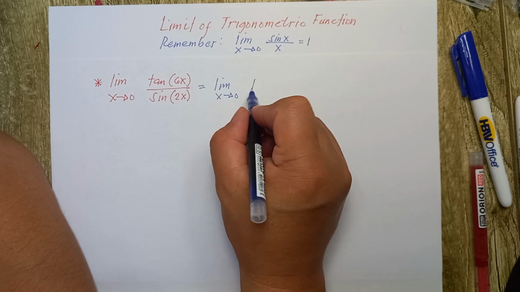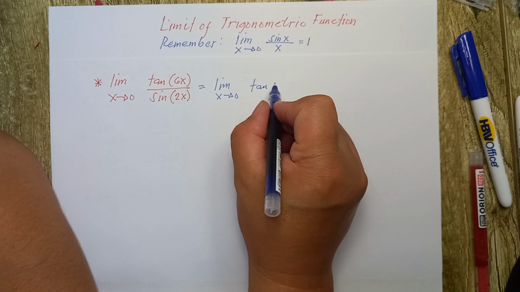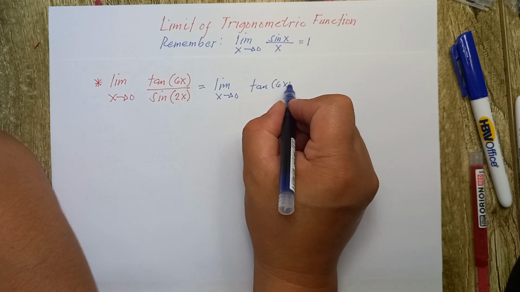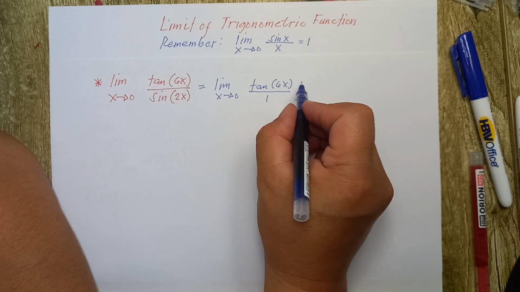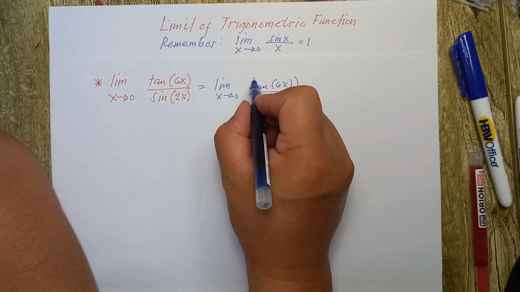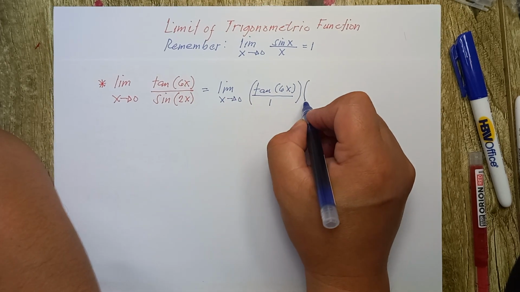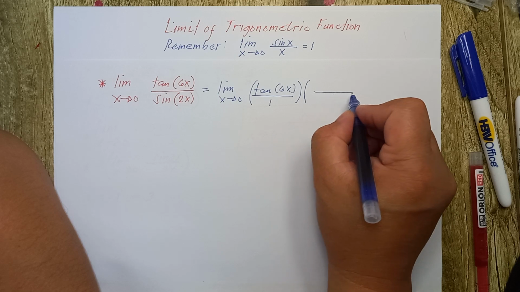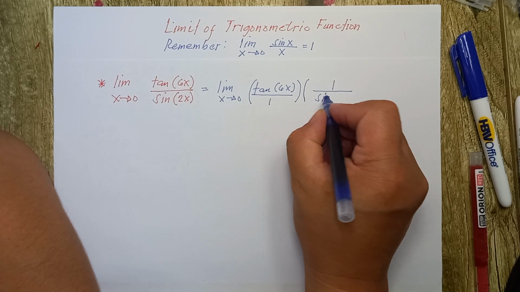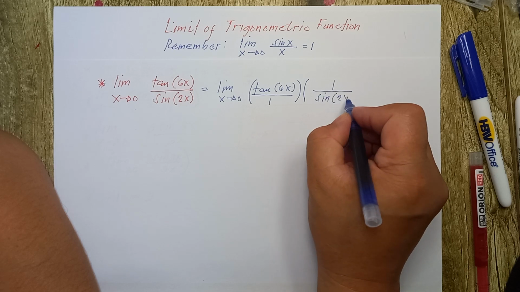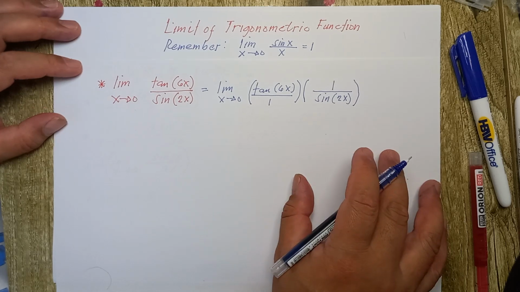So that is the same as tangent 6x over 1. And the other one is we can have 1 over sine 2x. So that can be the factor.